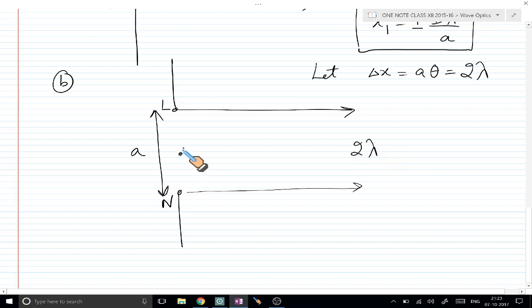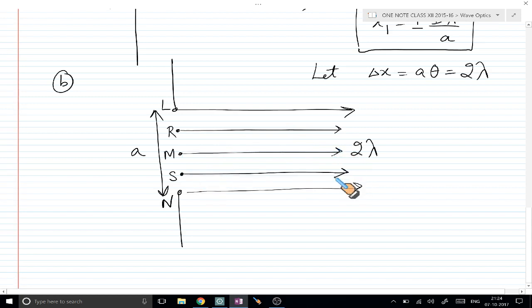Let us divide LN into 4 parts: L, M, N, O is already there, P is there, Q is there, R and S. That means if it is divided into 4 equal parts, the path difference between this and this is lambda by 2, this and this is lambda by 2, this is lambda by 2 and lambda by 2.